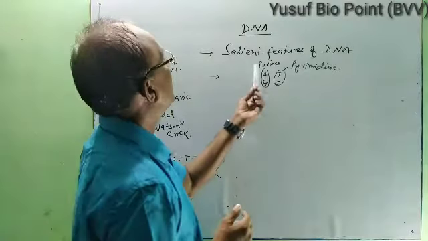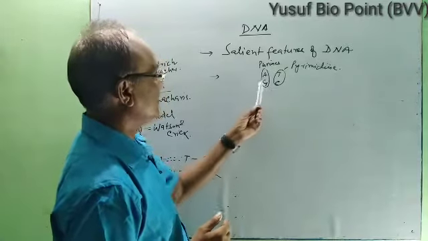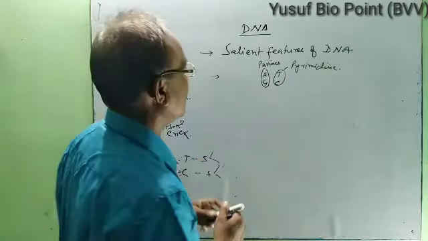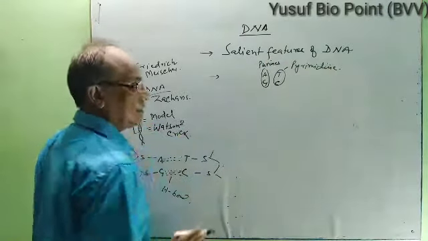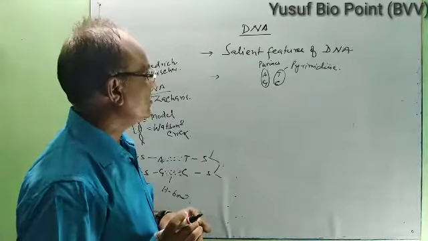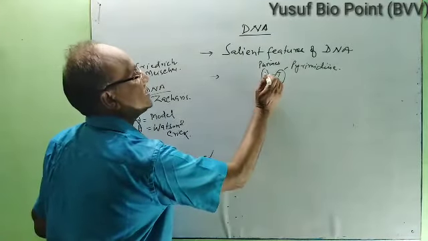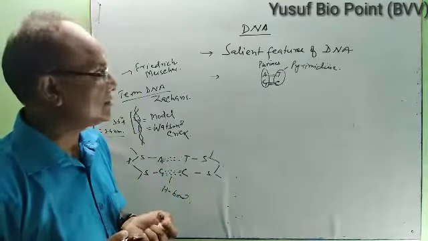Now the DNA has bases A, T, G, C, that is adenine, thymine, guanine, cytosine. These two are called purines and these are pyrimidines, as I have already told you, and they make their base pairs by means of hydrogen bond that we have already discussed.